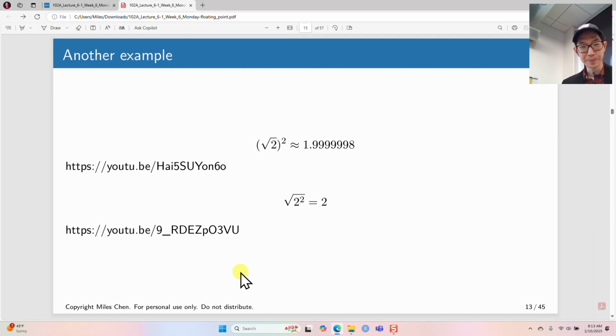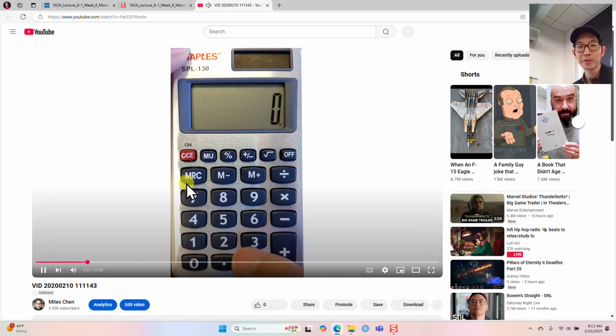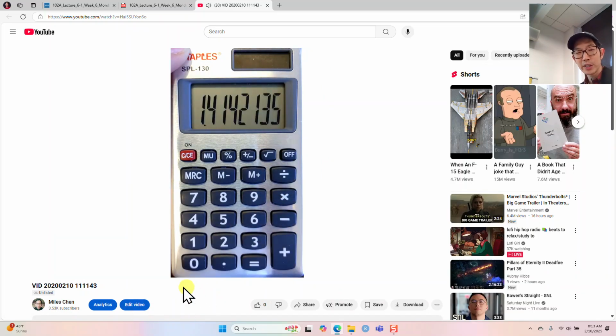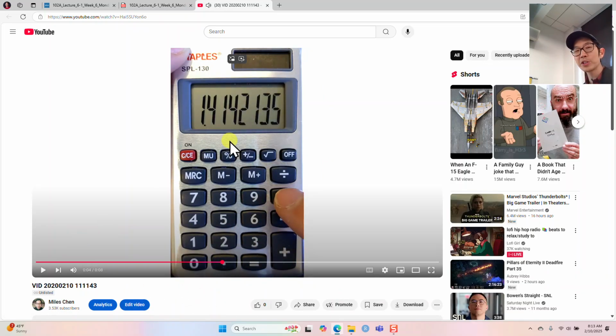Here, let me show you another example. If you take the square root, here I'm going to do the square root of 2, and this is our approximation of the square root of 2, a pretty good approximation using eight digits of precision.